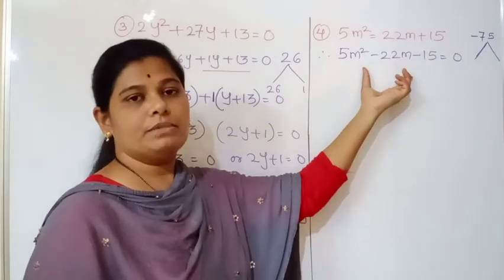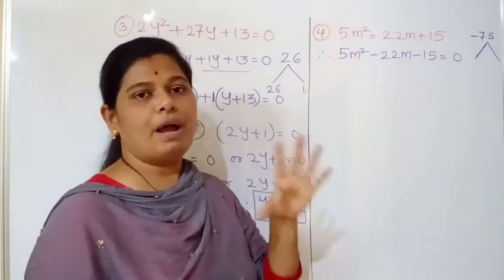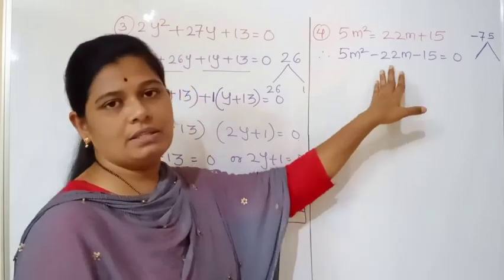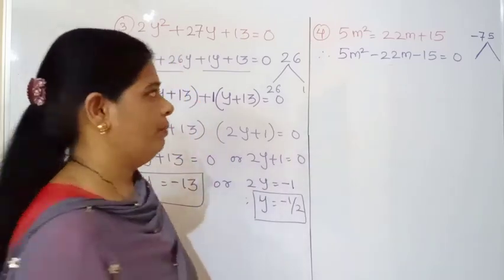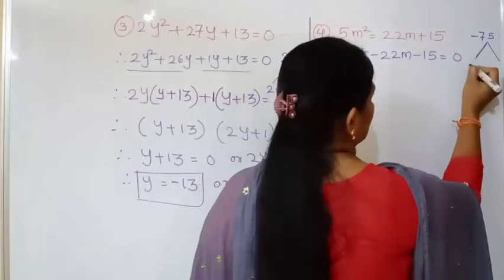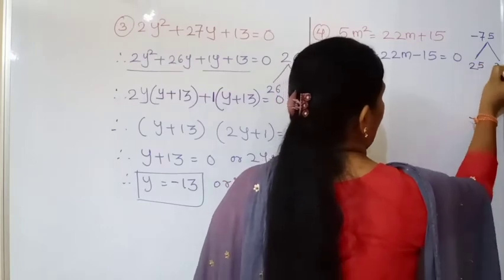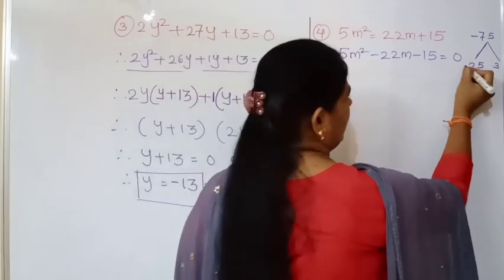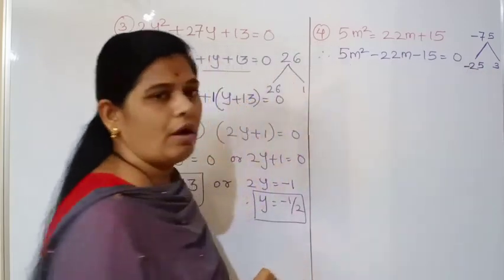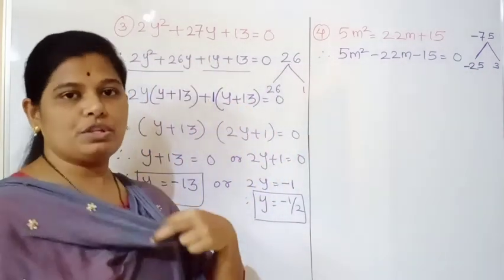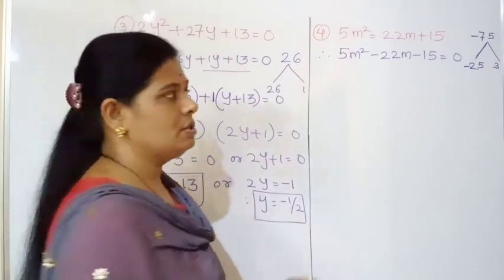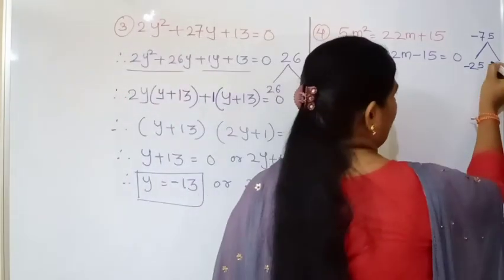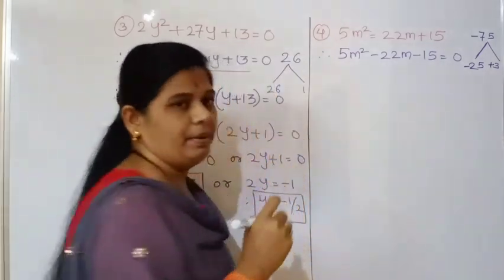So after subtracting, that is 25 minus 3, you will get the answer 22. So here our factors will be 25 and 3. The middle number is having a minus sign, so our bigger number will also have a minus sign. Now we have to subtract 25 minus 3, so we will give the plus sign to the smaller number.